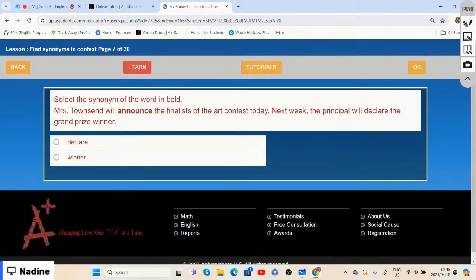All right, let's do the last one. It says, Mrs. Townsend will announce the finalists of the art contest today. Next week, the principal will declare the grand prize winner.